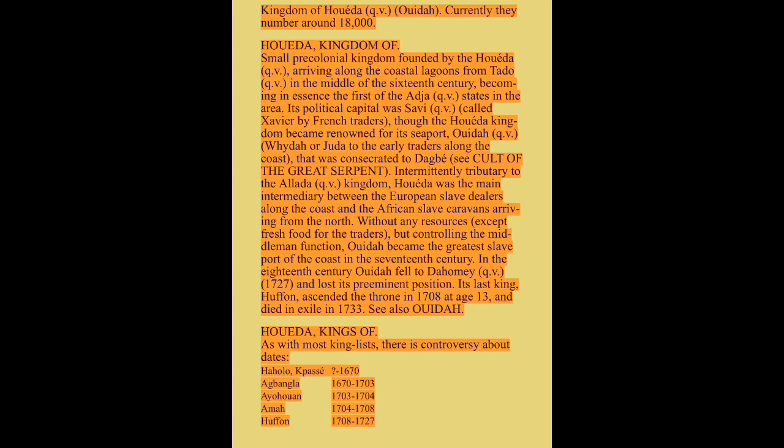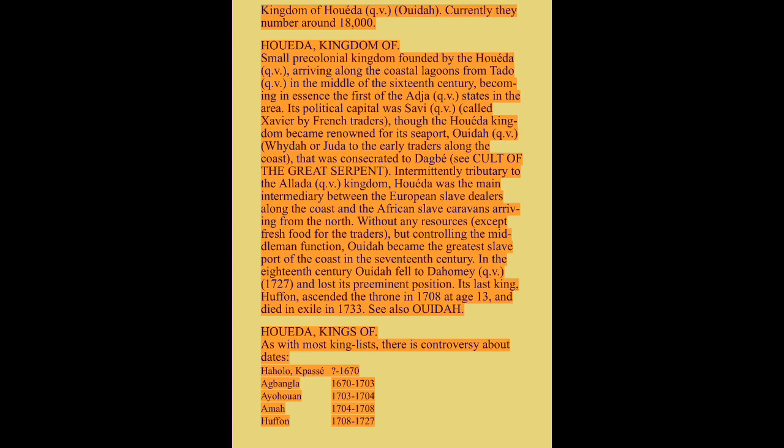Whydah Kingdom, or Kingdom of Whydah, small pre-colonial kingdom founded by the Whydah, arriving along the coastal lagoons from Tado. Tado is not in the Levant. In the middle of the 16th century, becoming in essence the first of the Adja states in the area. Its political capital was Savi, called Xavier by French traders, though the Whydah kingdom became renowned for its seaport.